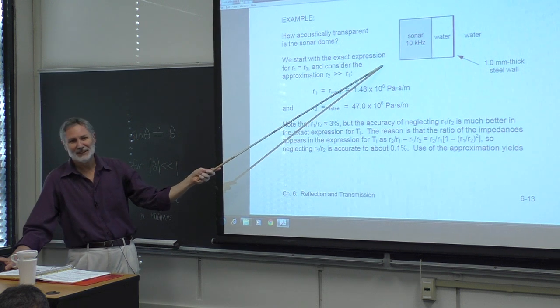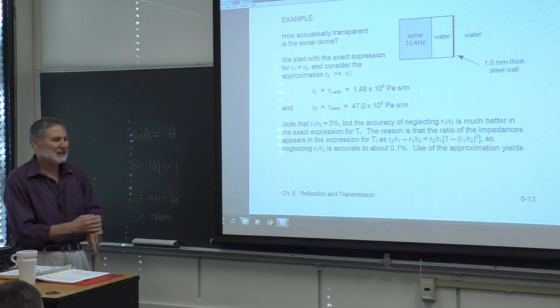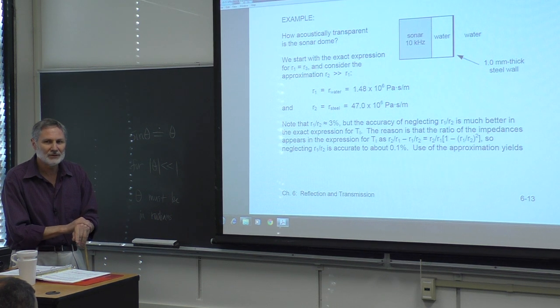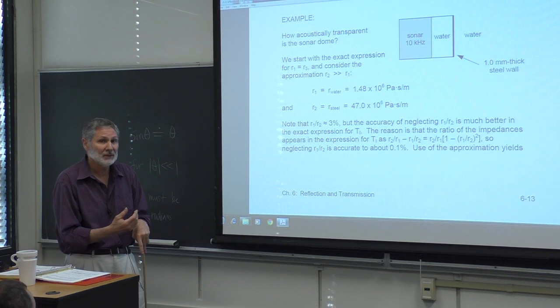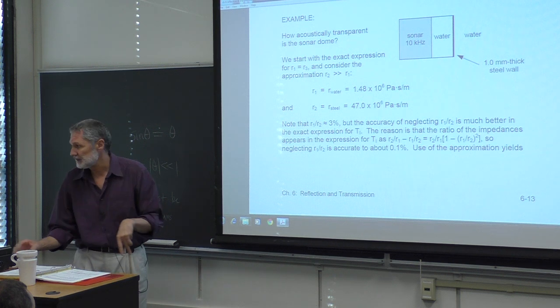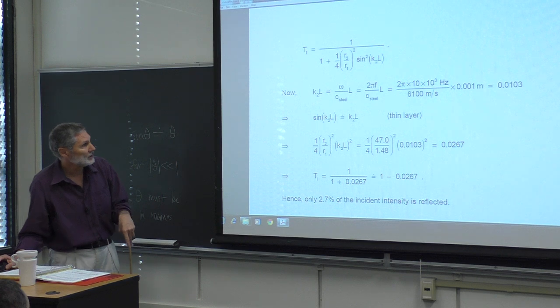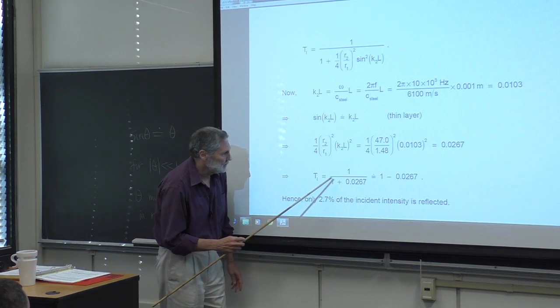But I want to point out, somebody may say, well, yeah, if you have thin steel, if it's thin enough, you're going to have good transmission. Yeah, that's true, but we can calculate it. If you're after a certain number, we can calculate how thin that steel has to be and whether or not it's acceptable for what it's going to go through. So in the end, here's our intensity transmission coefficient.